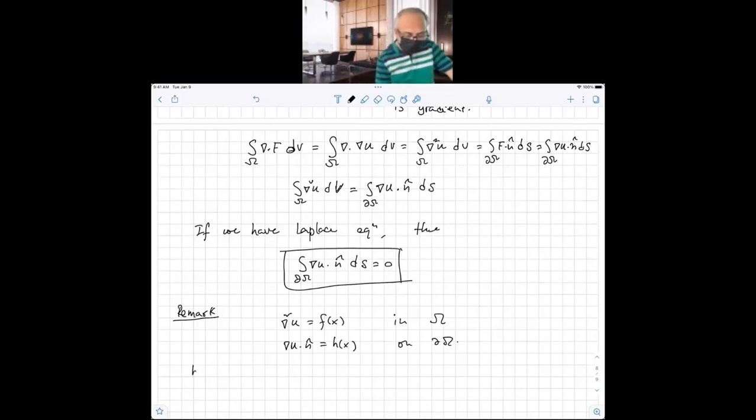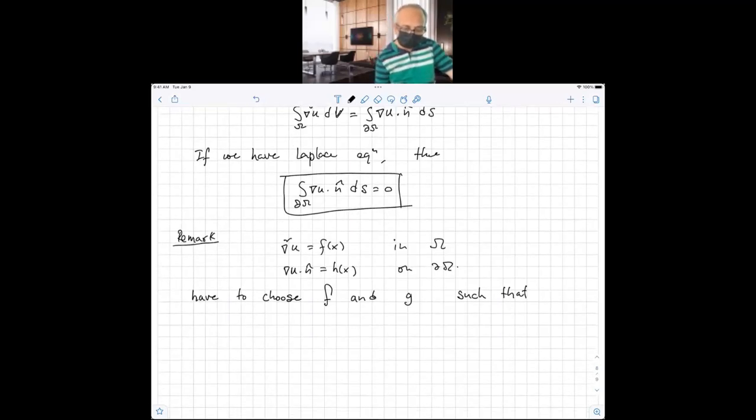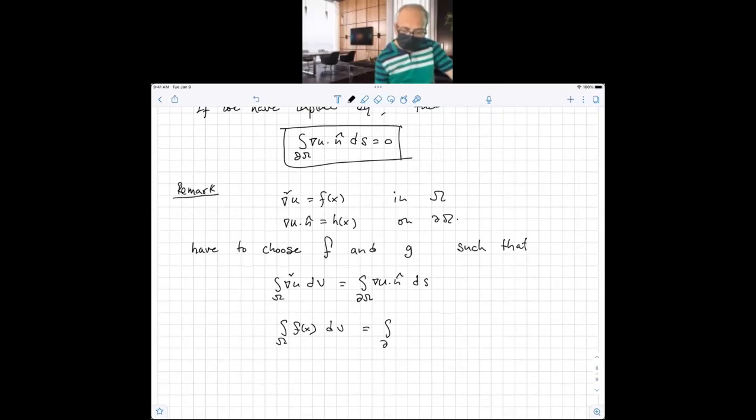Then we have to choose f and g such that the condition holds. That also implies the maximum principle.